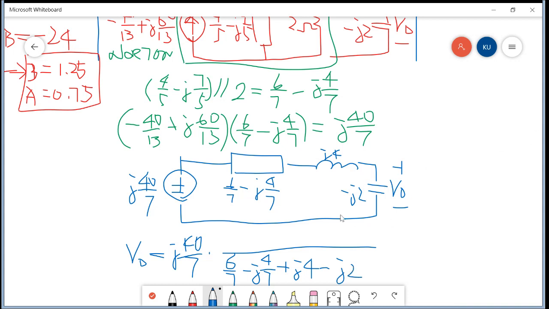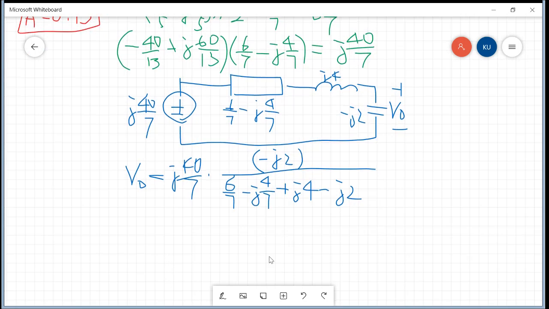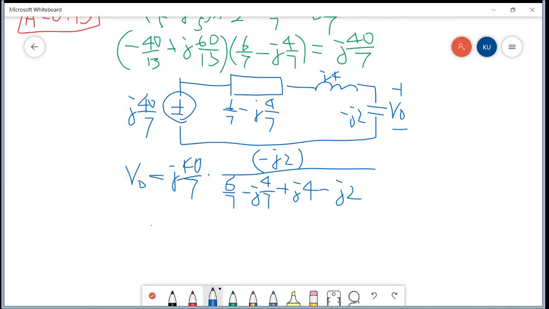And then we hope to find the voltage VO, so we need to multiply it by minus J2. And in this case, the answer will be 3.53 minus J5.88 volt.